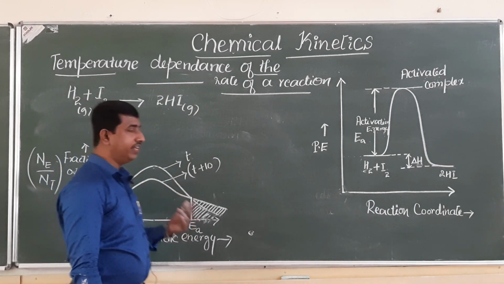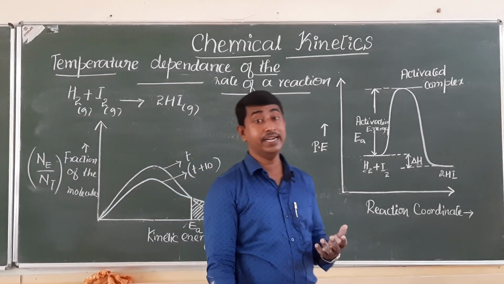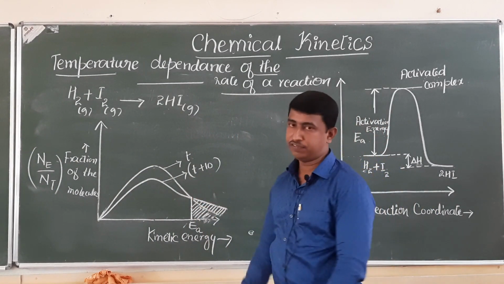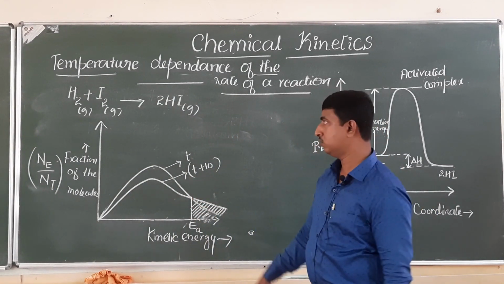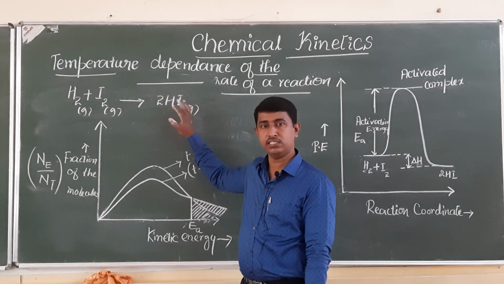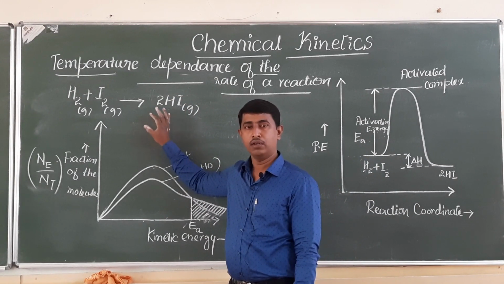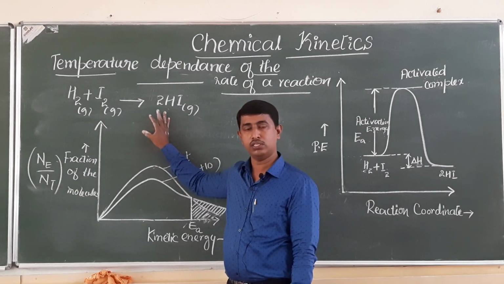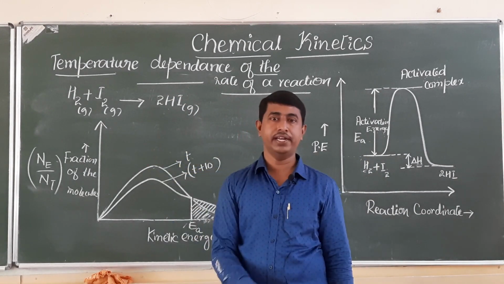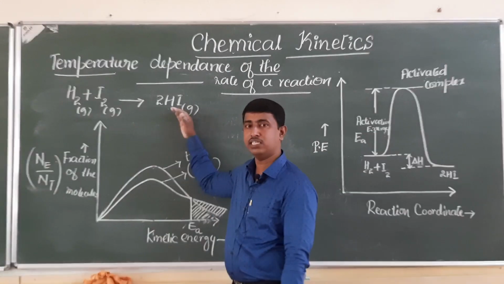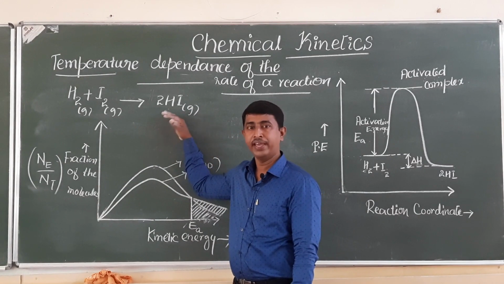Next, we went to the effect of temperature. That is, when we increase the temperature by 10 degrees Celsius, the rate constant, or rate of the reaction, also doubles. If we consider any gaseous reaction, gases are made up of molecules, and all these molecules do not possess the same kinetic energy. Their energy varies from one molecule to another.